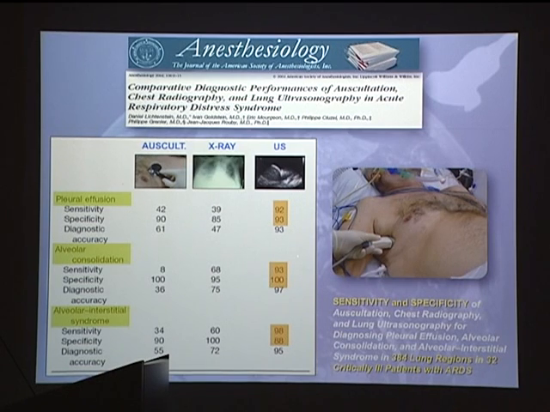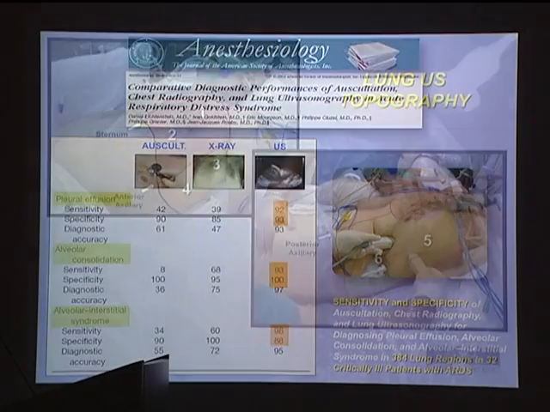So the major impact of lung ultrasound in your clinical practice is about fewer false negatives, which practically means earlier diagnosis, more accurate diagnosis, and then less morbidity, less mortality, and less cost for our patient.